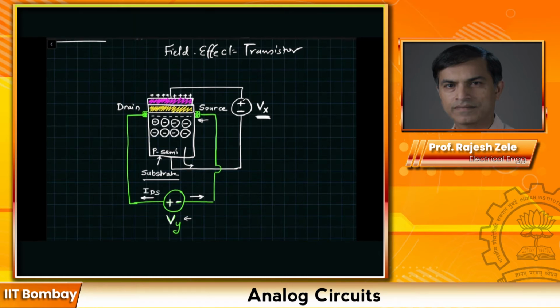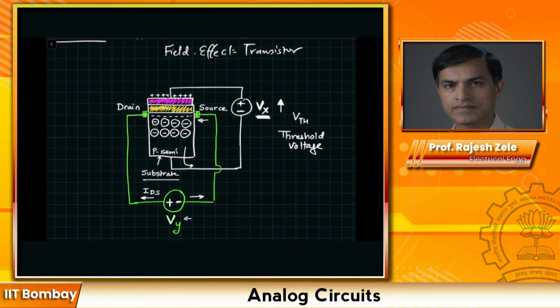So when we increase the gate voltage Vx beyond a sufficient positive value, which we call VTH, the threshold voltage, mobile electrons flow from the source region and form a channel under the gate. Originally we started with a p-type semiconductor which has holes, which are positively charged carriers, and by applying Vx potential we shooed away the holes from the interface region.